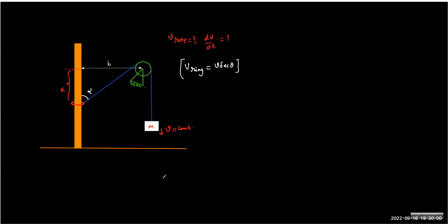You can find it by choosing a suitable variable. If you take this as L, because dl by dt is given to you. You know what dl by dt is? Can you guess? At what rate the string is pulled down, the block will decide. At what rate the block is pulled down, you can easily find.